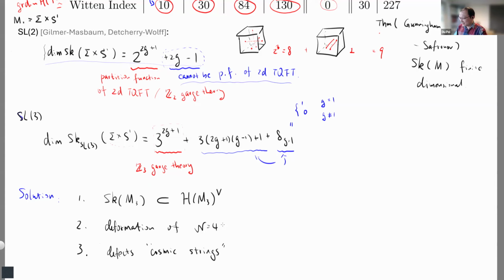In particular, the Z3, Z2 gauge theory will appear as a deformation of the quantum field theory. And the cosmic strings would explain these non-TQFT gravity pieces. So the outline for the remainder of this talk is to go through these three steps.